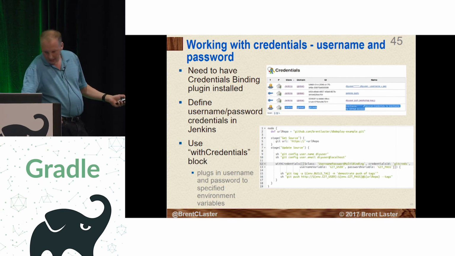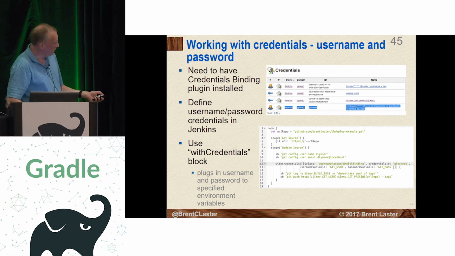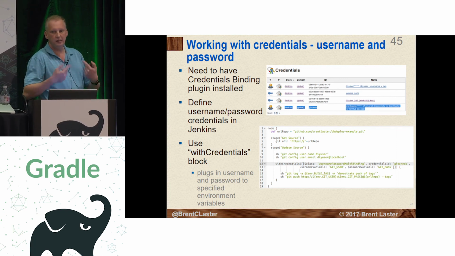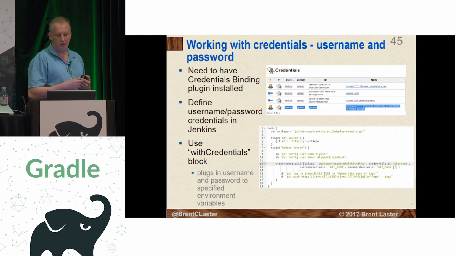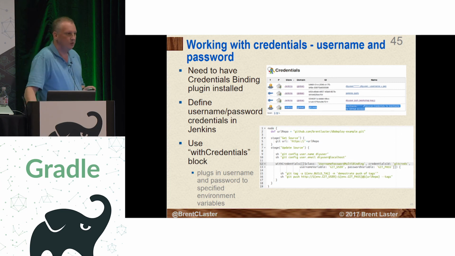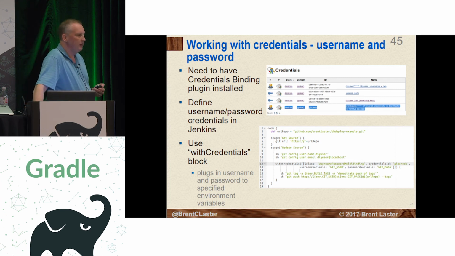You have a class that says usernamePassword. You have a credentials ID, which is just the ID of the credentials that you define in Jenkins. And then you have a username variable and a password variable. So the idea is with the credentials plugin, it's taking the information out of those credentials you define and plugging them into those variables. Then you can use the variable name in whatever step you need to access.